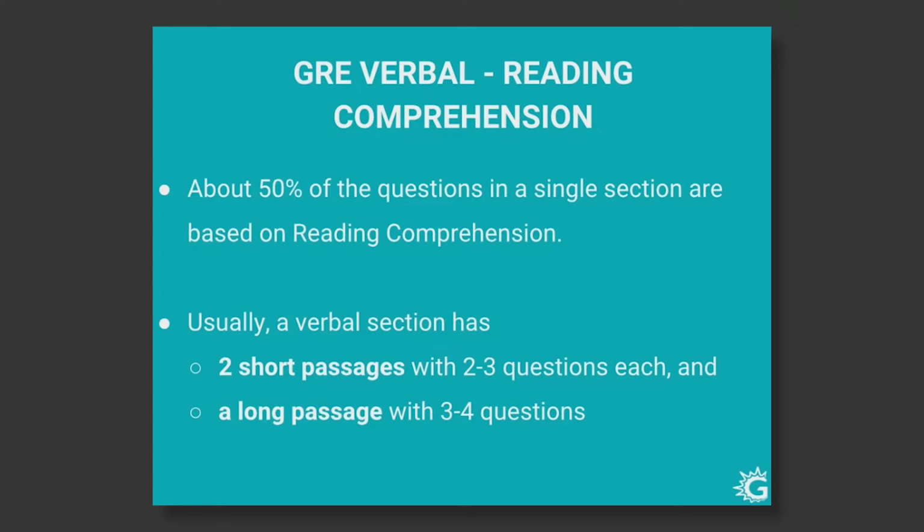Remember, you're going to see at least 2 full verbal sections in your GRE. You may even see 3. So you need to prepare yourself for anywhere between 4 to 6 short passages and 2 to 3 long passages. And these are the number of questions those typically have. Now what we're going to focus on today is not so much the questions and the question types, but rather the passages and what they consist of.